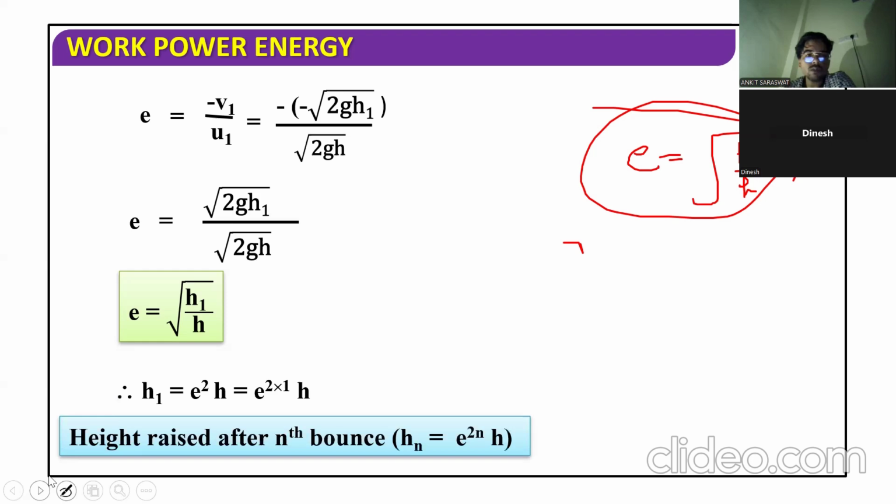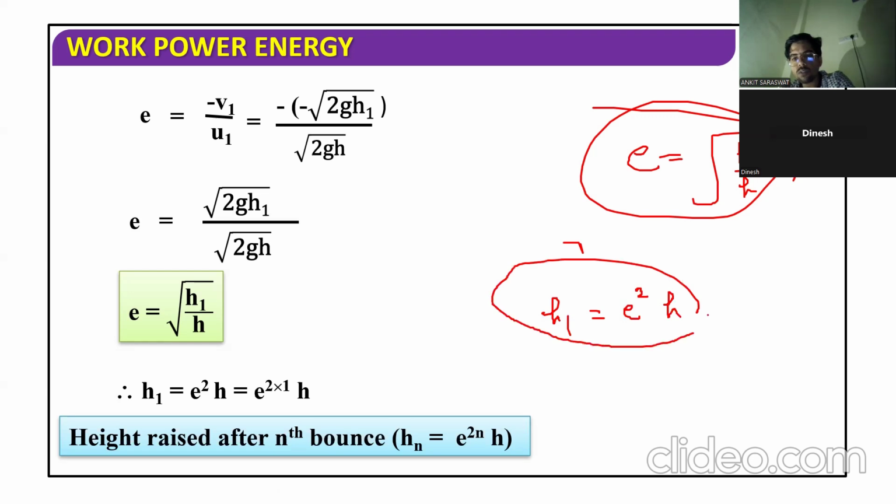So h1 is what? From here you got h1 is e squared h. This is after one bounce. You know, this ball, first bounce.